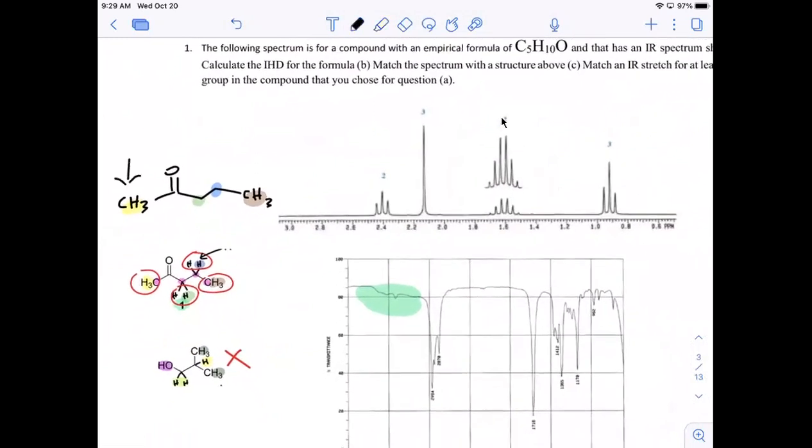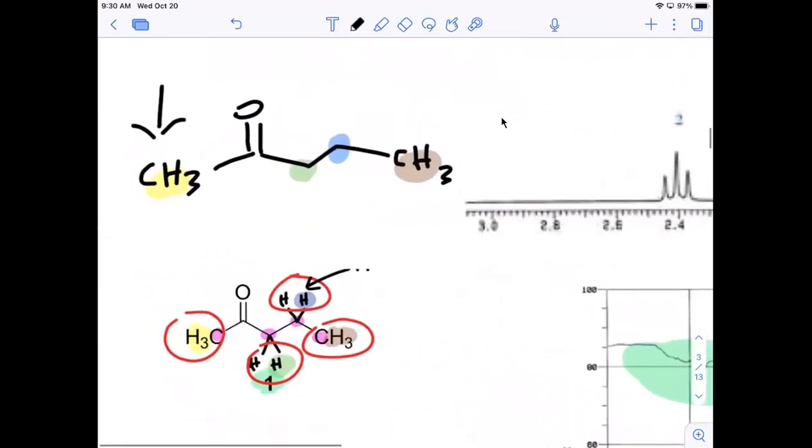Let's start right here. First question, where would that signal show up? Second question, what would the splitting pattern be? All right, so the splitting pattern, let's do that first. How do we determine the splitting pattern for that? Is it 4n plus 1 or just n plus 1?